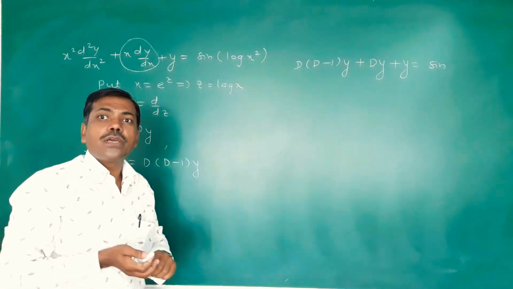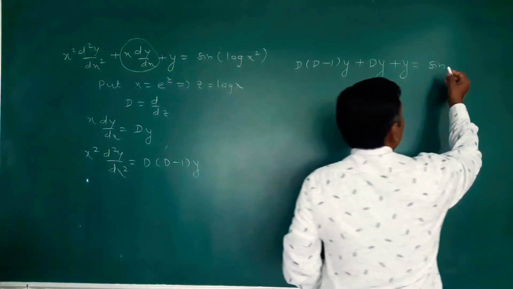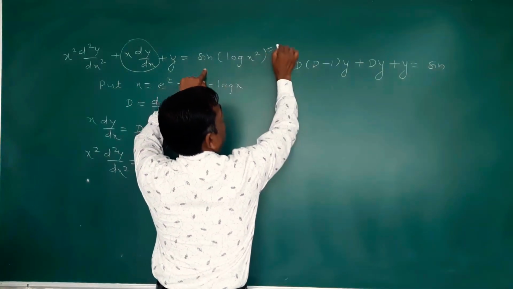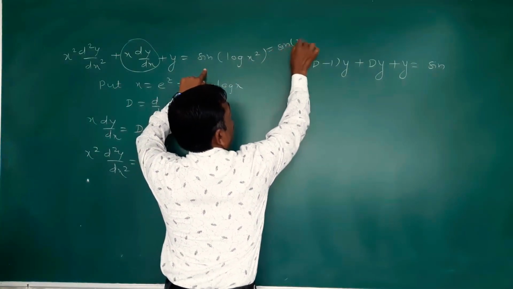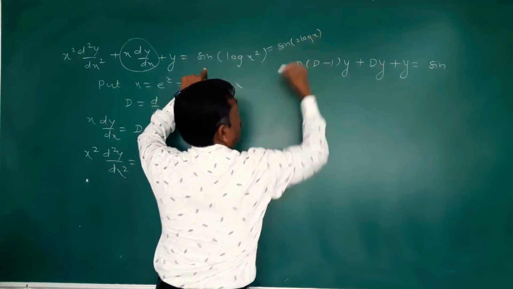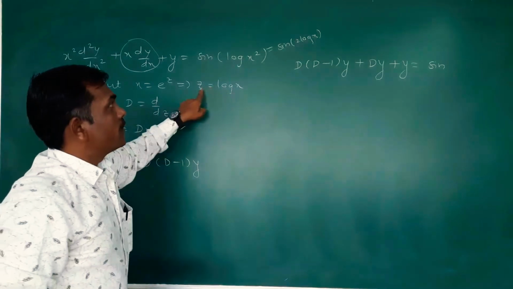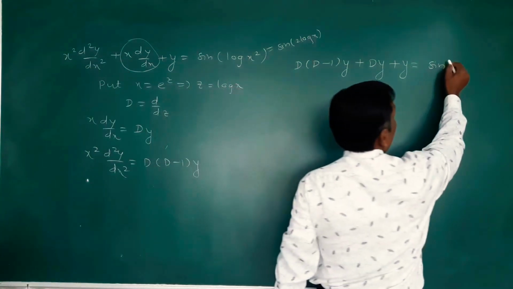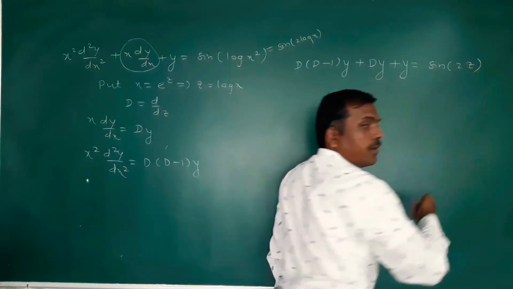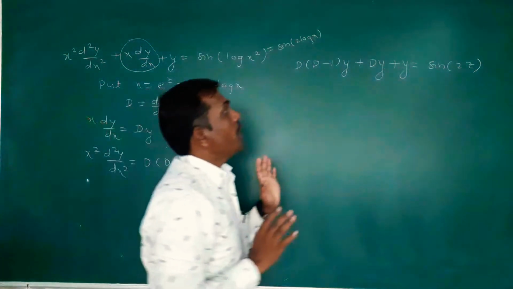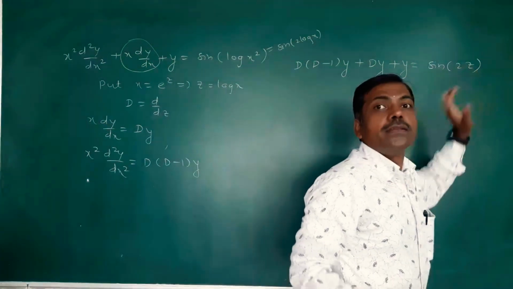Log of x square we can write 2 times log x here. Sine of log of x square, this term we can write sine of 2 log x. Now what is the value of log x here? z. So here sine of 2z. Right? So I removed x completely. Only two variables present here, y and z.